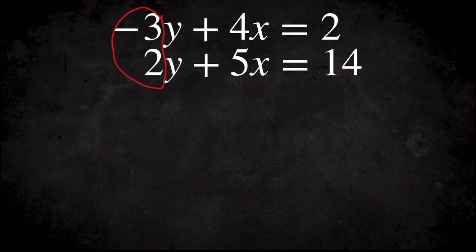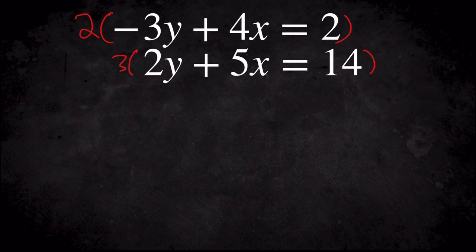You have negative 3, 2, and 4, 5. So what we're going to do is multiply the equations as needed. I'll multiply the top equation by 2, so this becomes negative 6. And I'm going to multiply the bottom equation by 3, so this should become 6.